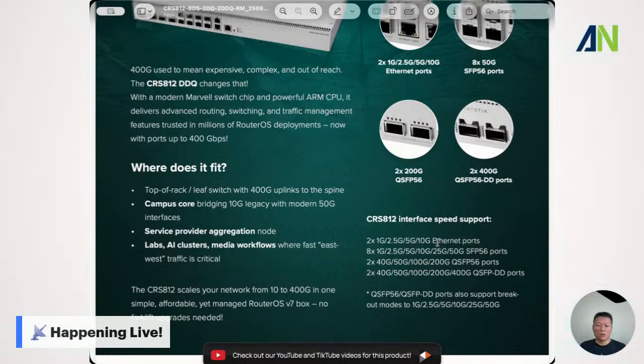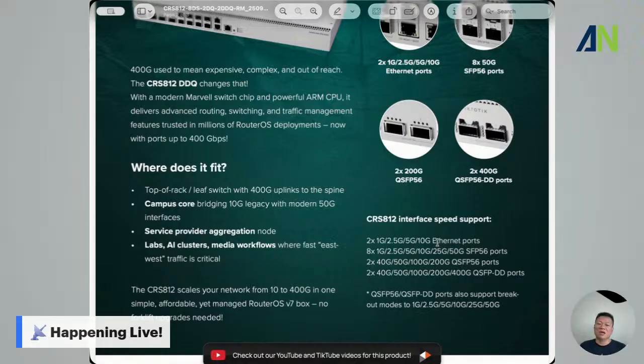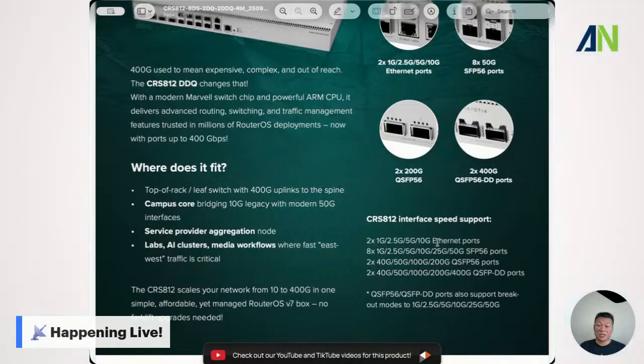And then we have 2 ports of QSFP56. QSFP56 supports 40G, 50G, 100G, and 200G. And the last, what we have been looking for, is the QSFP-DD that will support up to 400 gig.